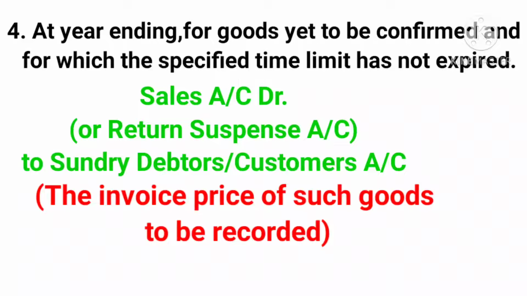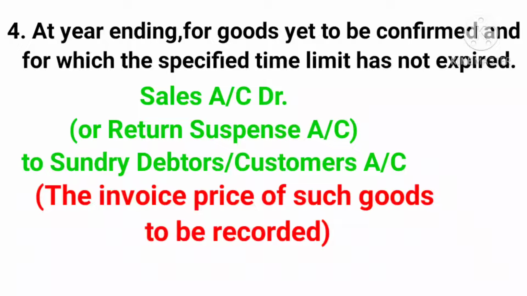Now I speak about a very important feature of accounting for sales on approval system. At year ending, it is found that goods are sent to the buyers for acceptance or approval, but the confirmation of the acceptance or approval has not yet come, as the specified time limit will expire after the closing of the accounting year.